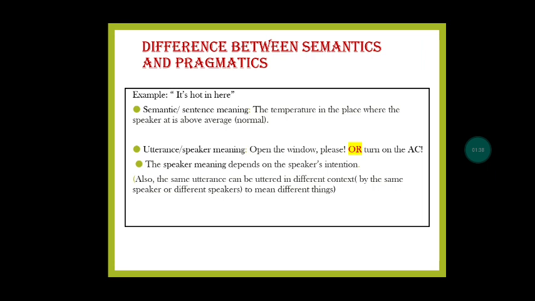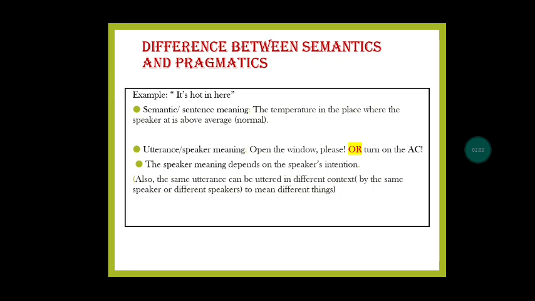Now, we're going to study the difference between semantics and pragmatics. Here's the example. If someone says, it's hot in here, the sentence meaning is that the temperature in the place where the speaker is, is above average.